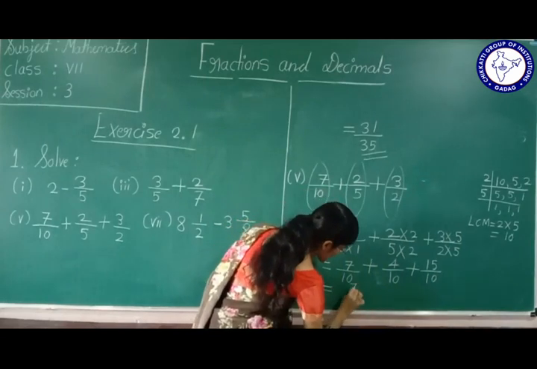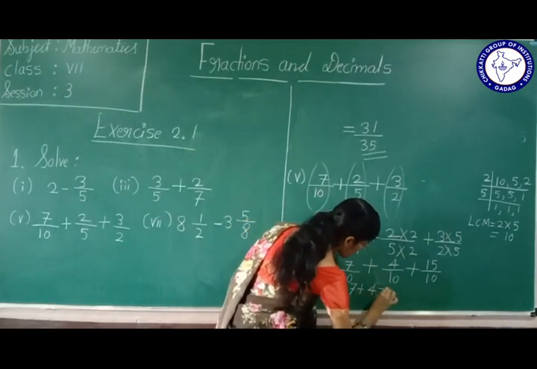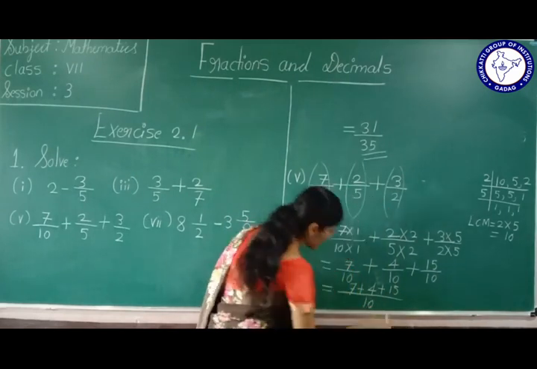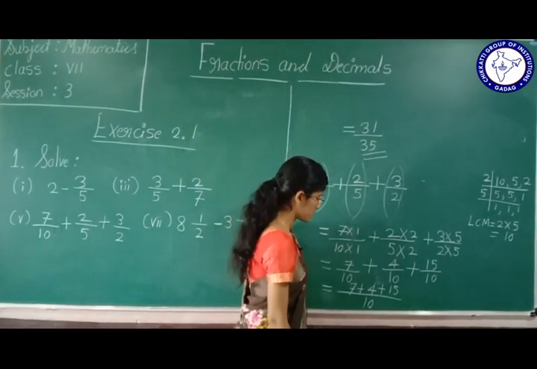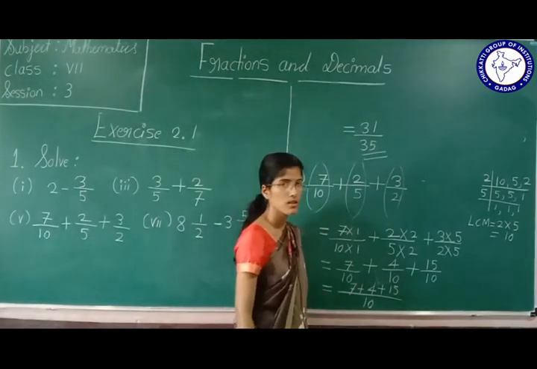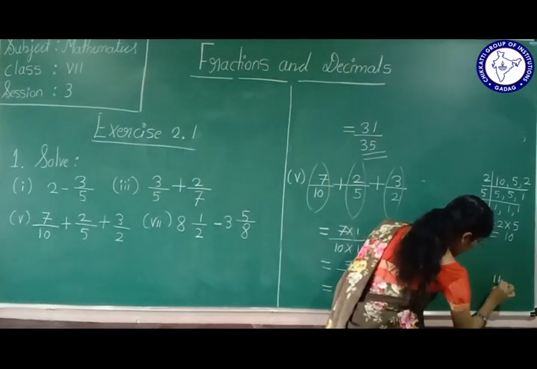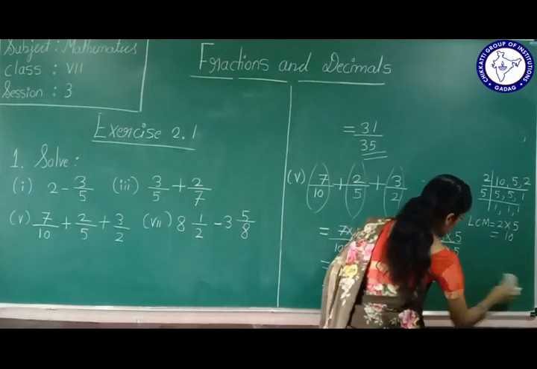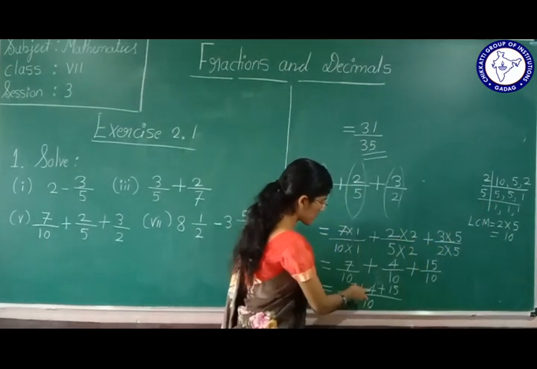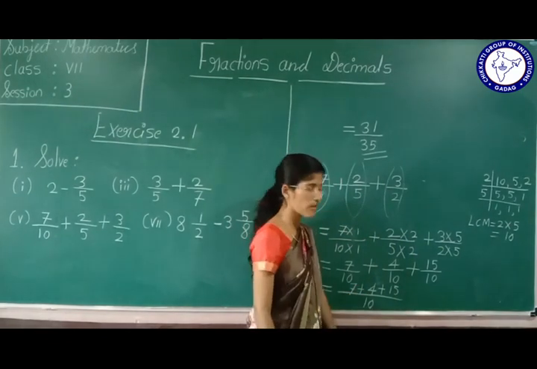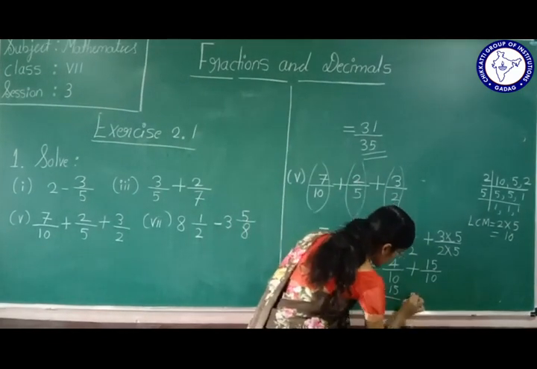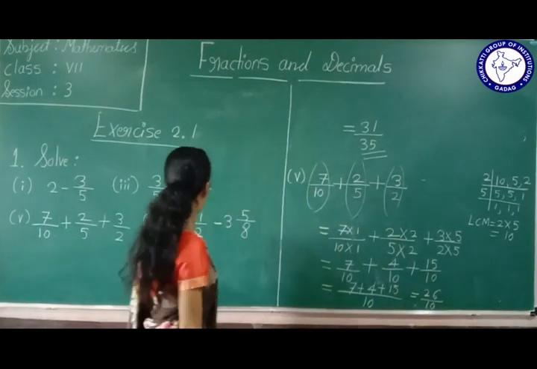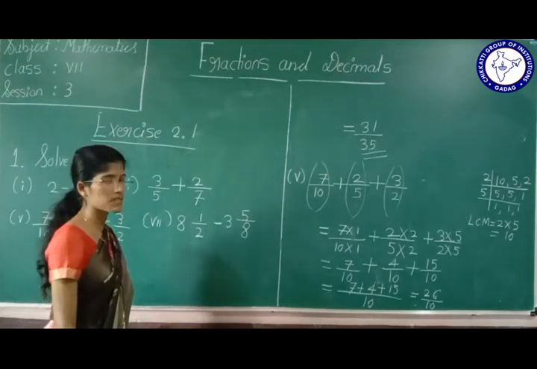Now you do 7 plus 4 plus 15 by 10. 7 plus 4 is what? 7 plus 4 is 11. 11 plus 15 is 26. The answer is 26 by 10.